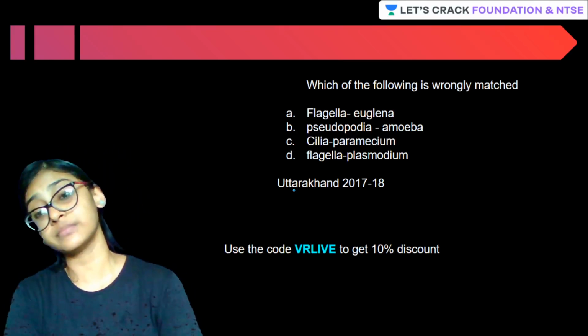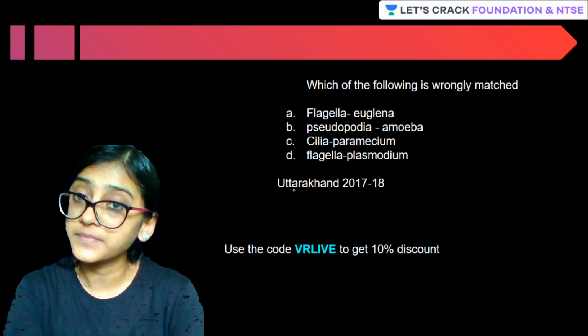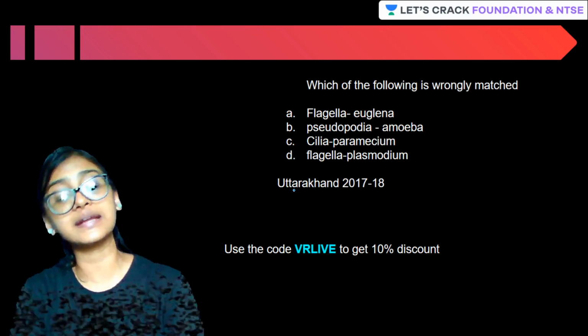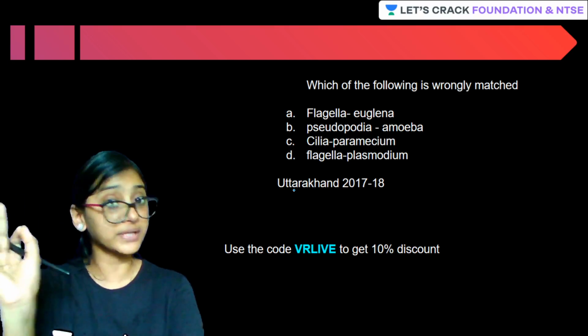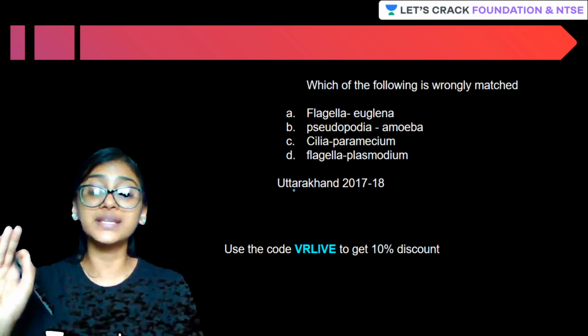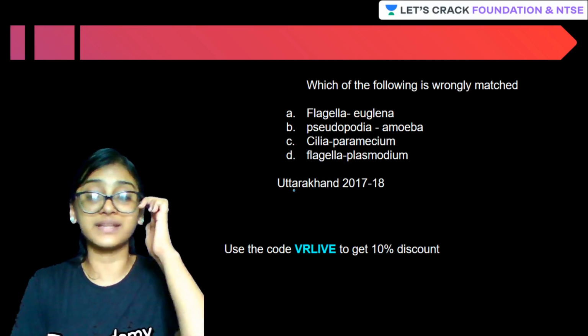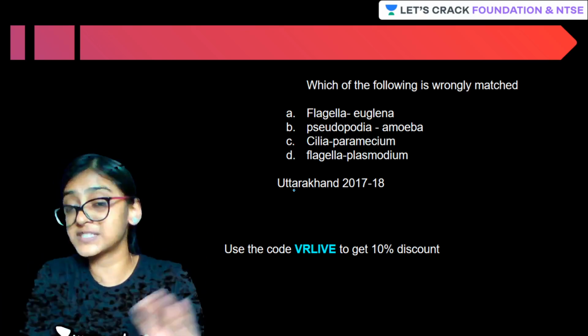Euglena, amoeba, paramecium, plasmodium are all protozoans, which come under the kingdom Protista. They are unicellular eukaryotes, not prokaryotes. They have a true nucleus, but just a single cell. They come soon after Monera, that is bacteria.